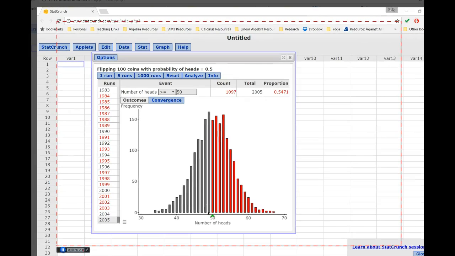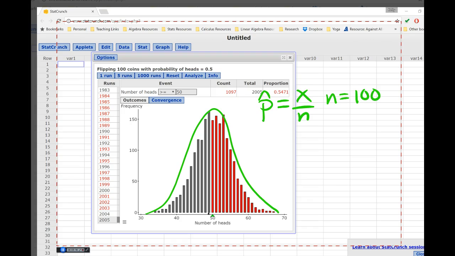So in this case, we can see how this would change. If we were just going to take our P hat and calculate it as X over N, right? Down here at the bottom, we have our X's, the number of heads that we received. And we chose to make N 100, flipping 100 coins. So all we need to do is take each of these bottom numbers and divide them by 100.